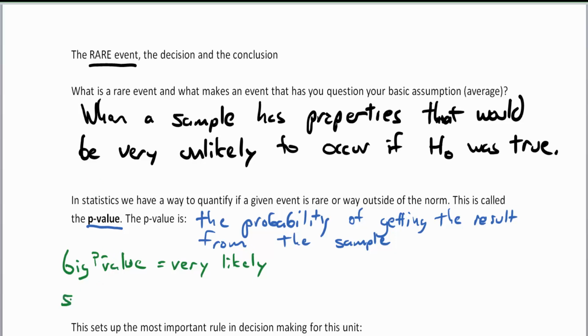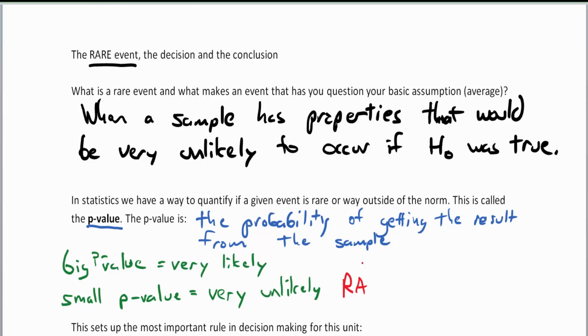Now, if you have a small percentage value, or p-value, this means that what you had was very unlikely. And that is your rare event. Whoops, I wrote RAE.